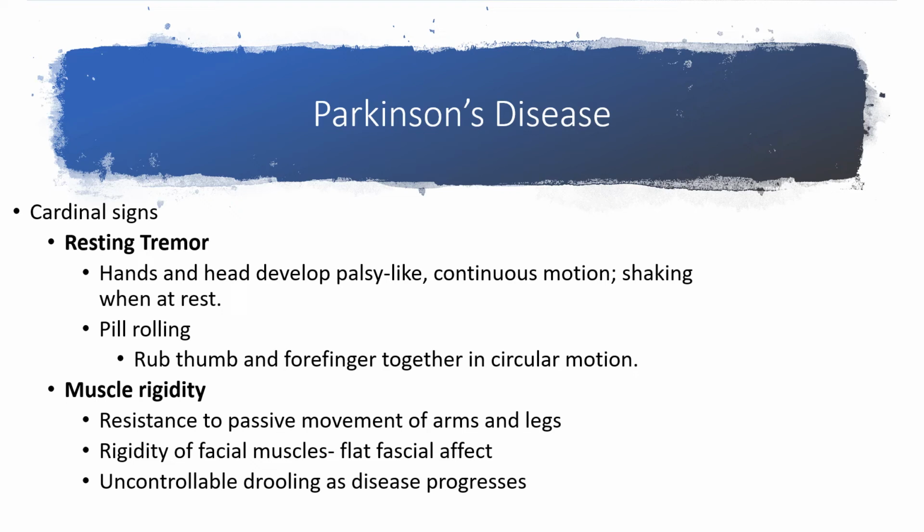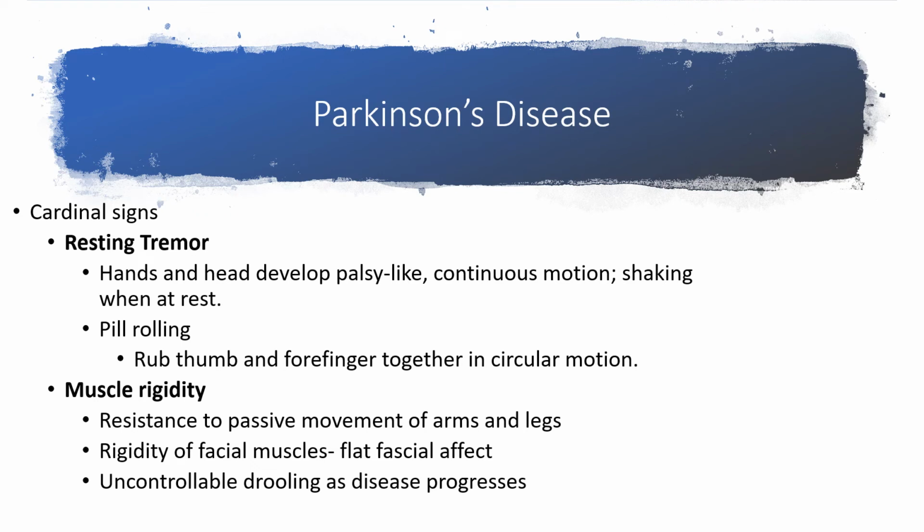Muscle rigidity is the stiffness when you try to move their arms or their legs. Very stiff as opposed to nice, soft, smooth muscle movements. Okay? Very, very flat appearance when you look at their face.